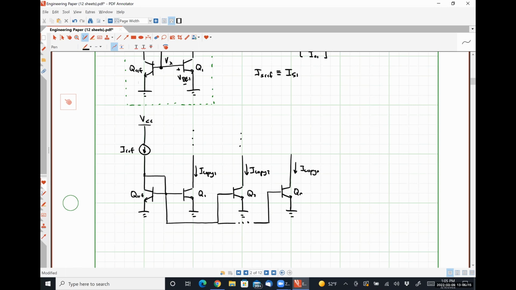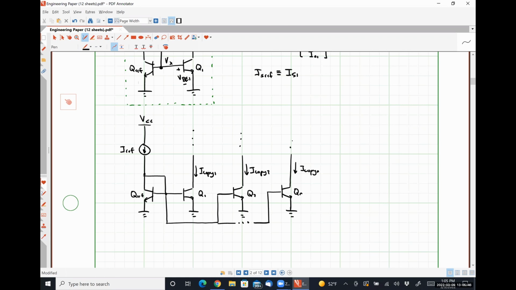But as we add more and more copy transistors, more and more of this reference current gets used providing the base currents to all of these guys, which in turn makes all of these copies a little bit less than IREF. And the more copies we make, the more error we introduce. Okay. We'll address that momentarily.